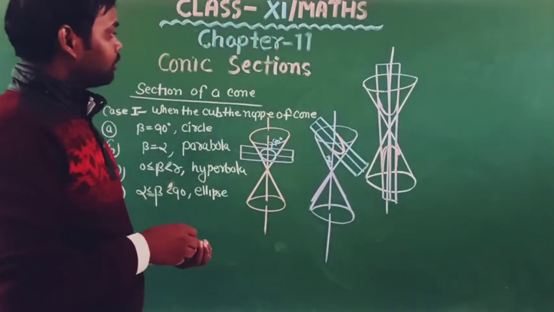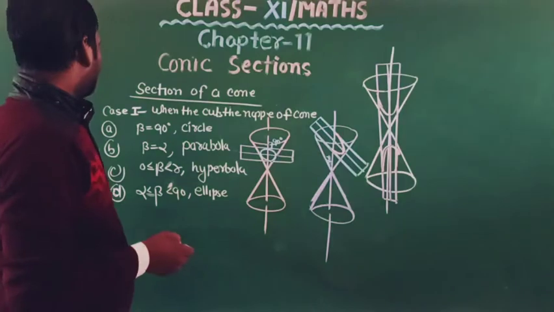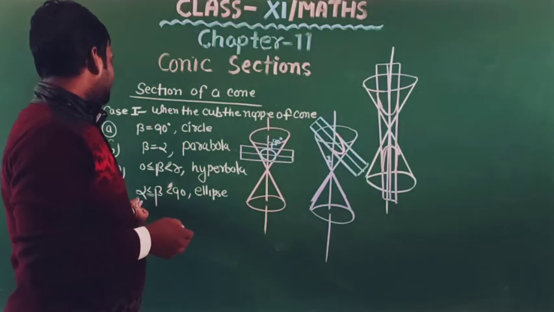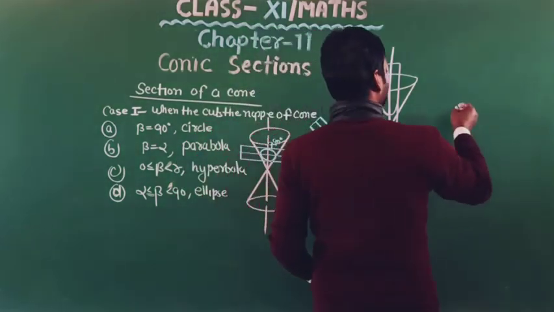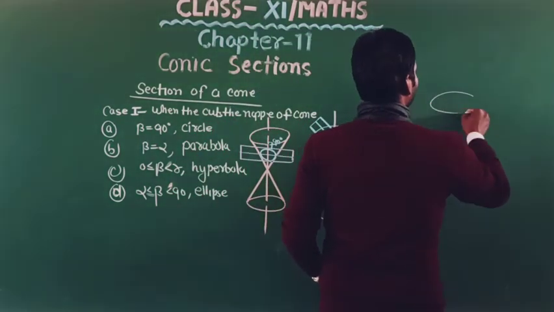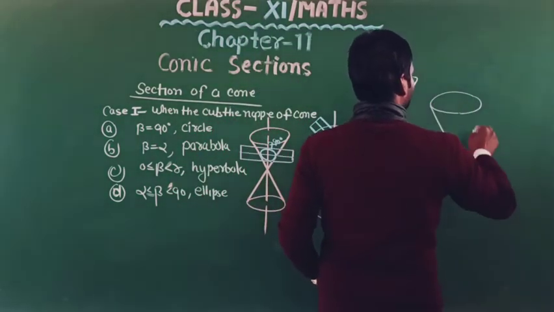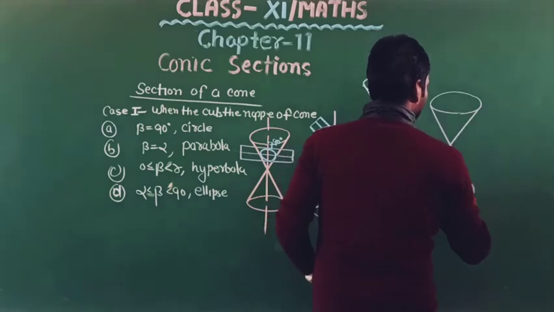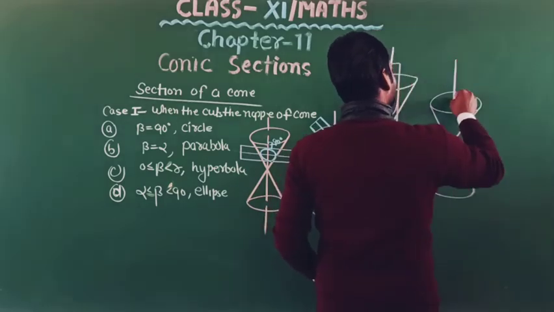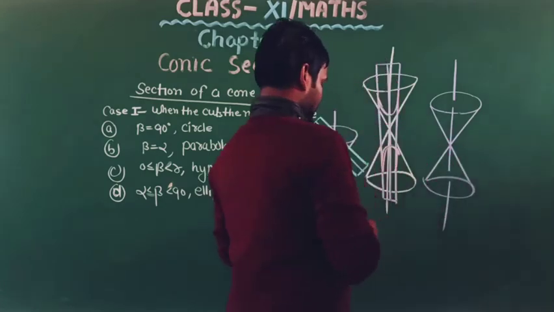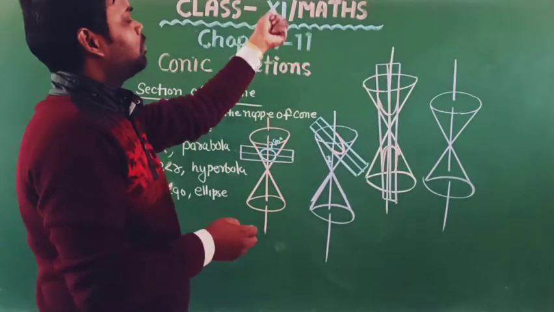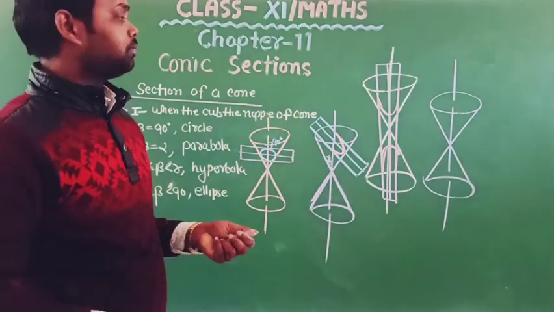And fourth, beta is greater than alpha and less than 90. So this means this is a double right circular cone, double right hollow cone.